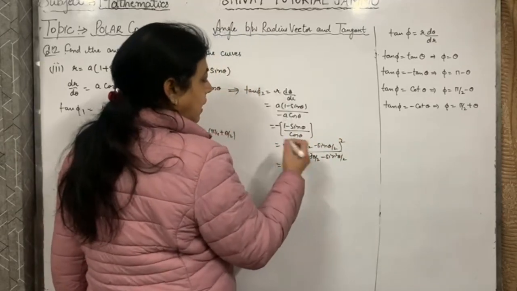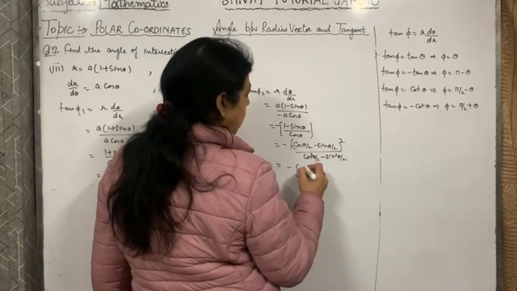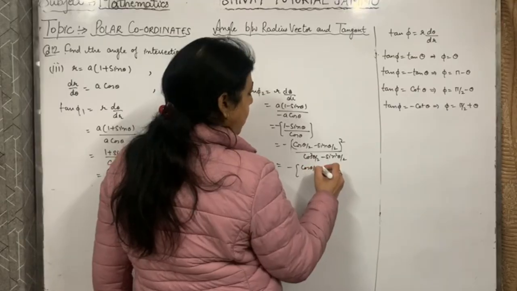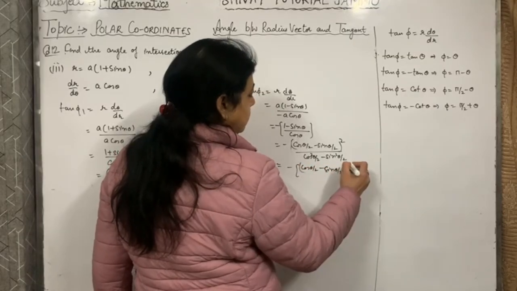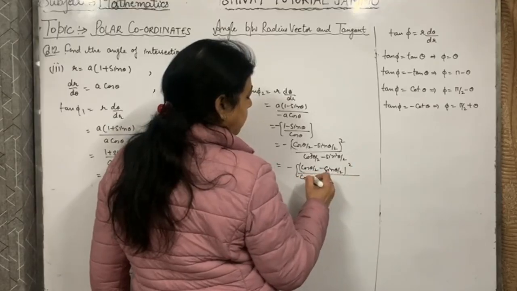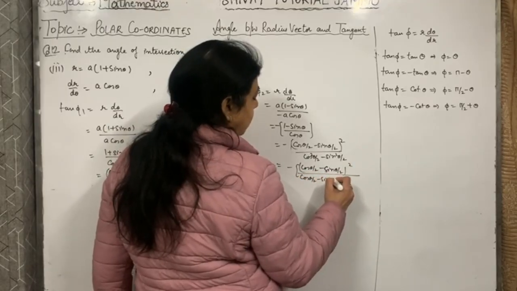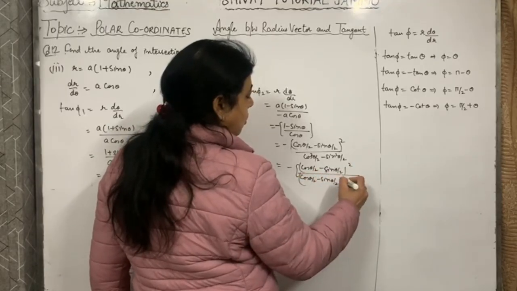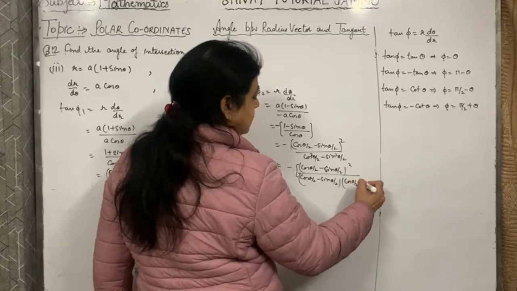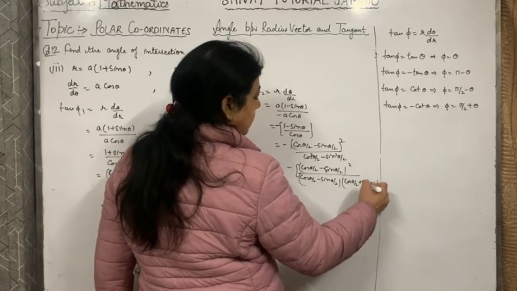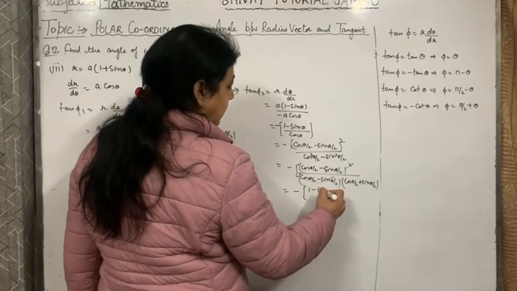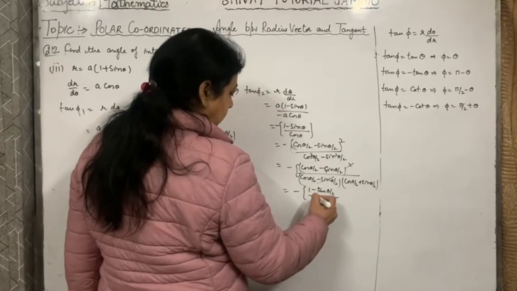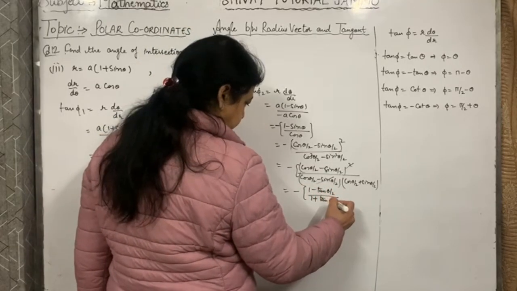Clear? And when we cancel it, we will get (cos theta/2 - sin theta/2) whole square upon (cos theta/2 - sin theta/2)(cos theta/2 + sin theta/2). This will cancel. We will get (1 - tan theta/2) upon (1 + tan theta/2).